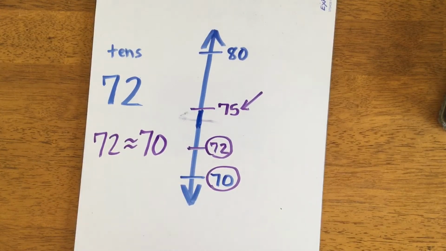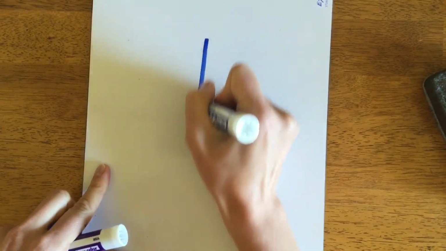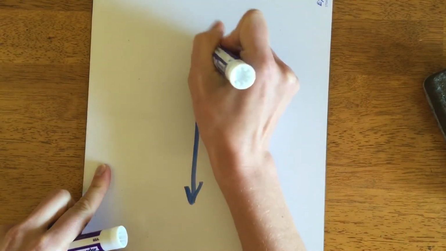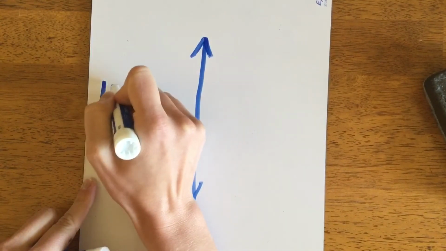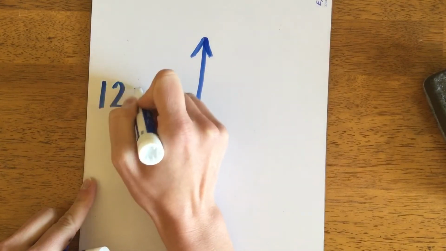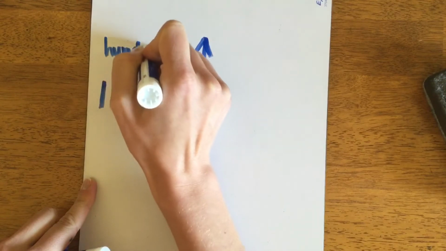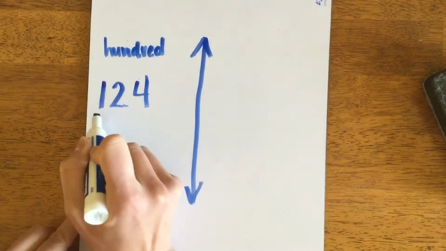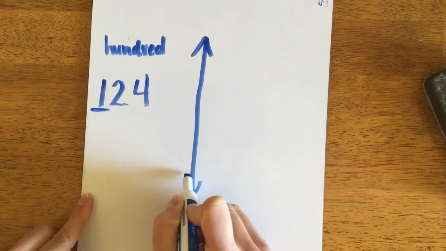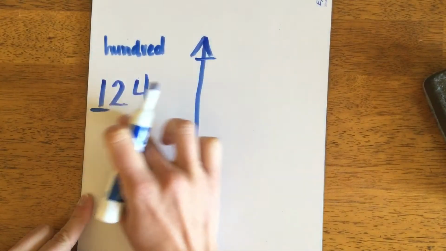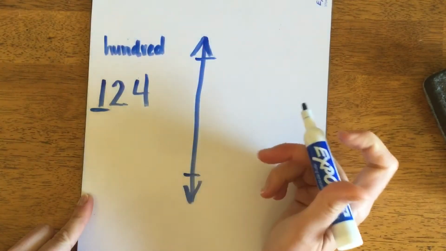Let's work on rounding to the nearest hundreds. We can still use a vertical number line. And in this example, I want to round 124 to the nearest 100. So first, I will identify the 2 hundreds that 124 is in between.